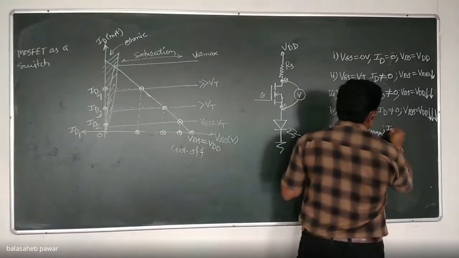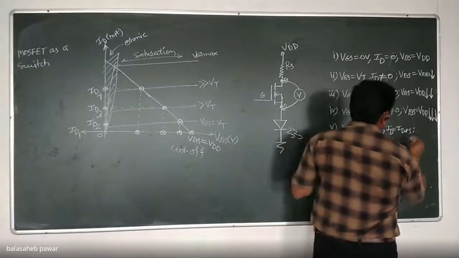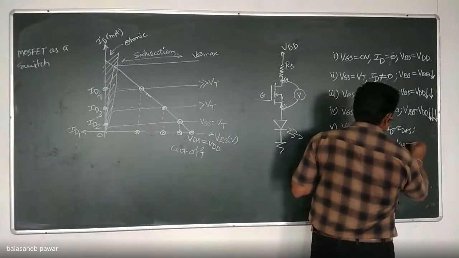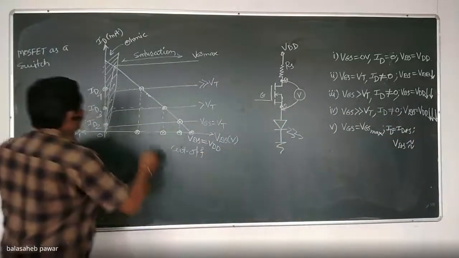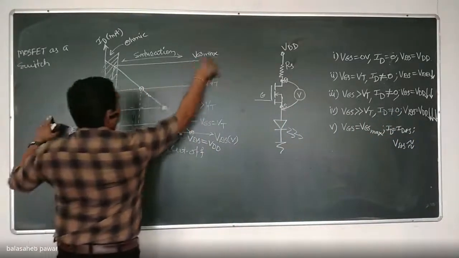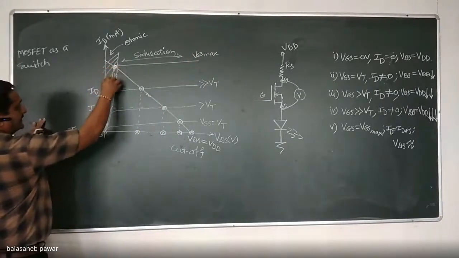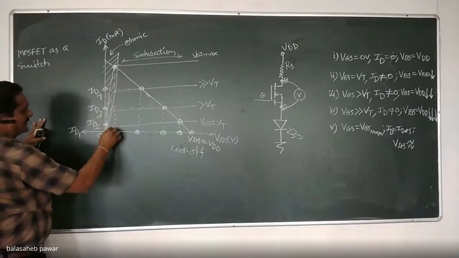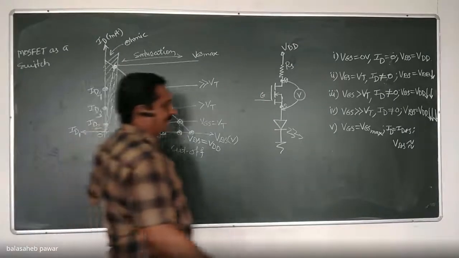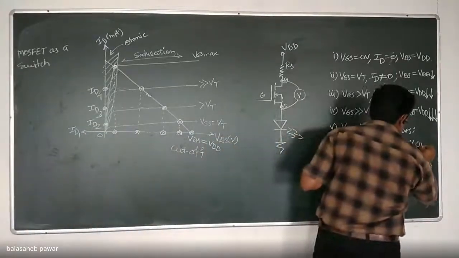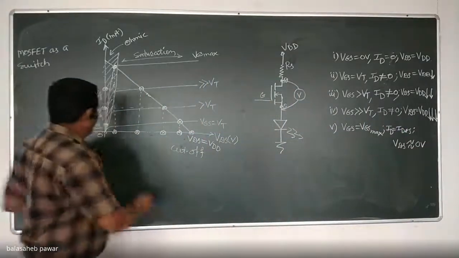I can say ID will be equal to IDSS, or maximum drain to source current, and hence VDS will be approximately equal to... you will observe, whenever we apply VGS equals VGS max, it intersects our DC load line over here, and hence the voltage drop across that switch will be this much. That is VDS approximately equals 0 volt. Not exactly 0, but remember that VDS will be very, very small.